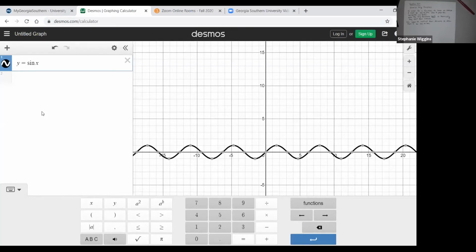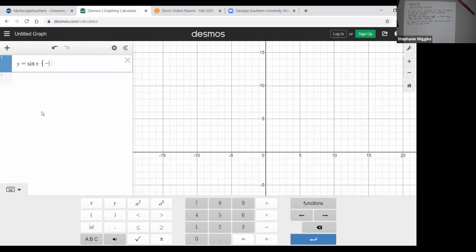I had to think about that for a minute. Okay, here we go. So we go from minus pi divided by 2, and we're saying that that is less than or equal to x, which is less than or equal to pi over 2.